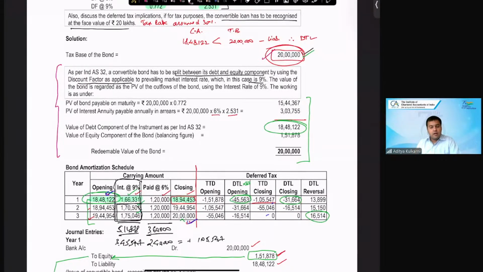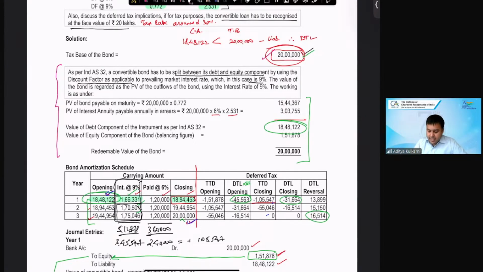So today I will run you through the mechanical workings of Ind AS 109. These workings will come to you every time, but for the logic behind that, I would suggest you run through the financial instruments. I'm not going to cover that.